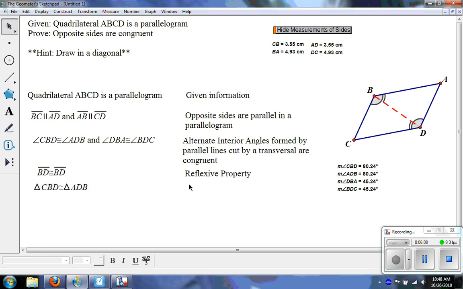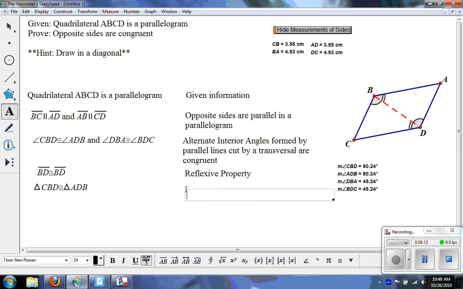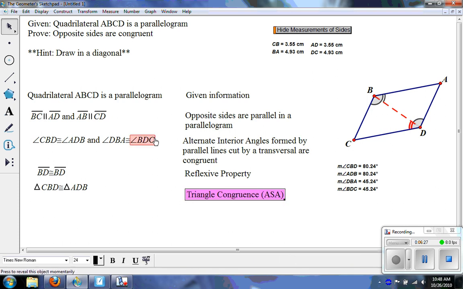In my reasoning, I can say that that is triangle congruence, and that is angle side angle. So now I have my two congruent triangles.